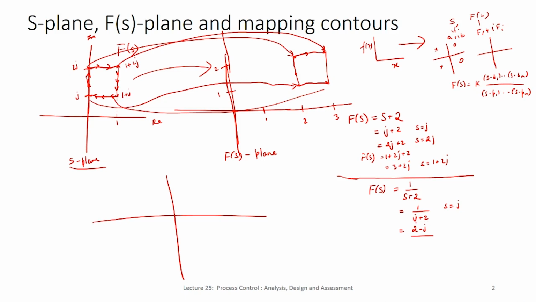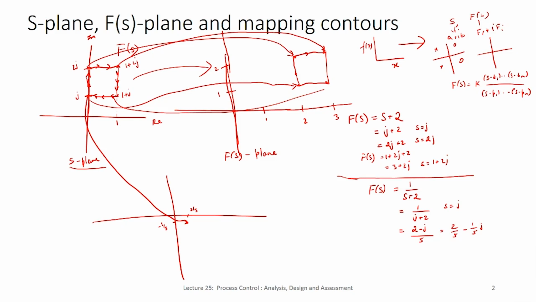So, 2 squared minus j squared will be 5. So, you will get 2 by 5 minus 1 by 5 j. So, this point now becomes the following. If I take this as minus 1 by 5 and slightly more, this as 2 by 5, this point now changes to this point right here. So, you can see the difference, right.